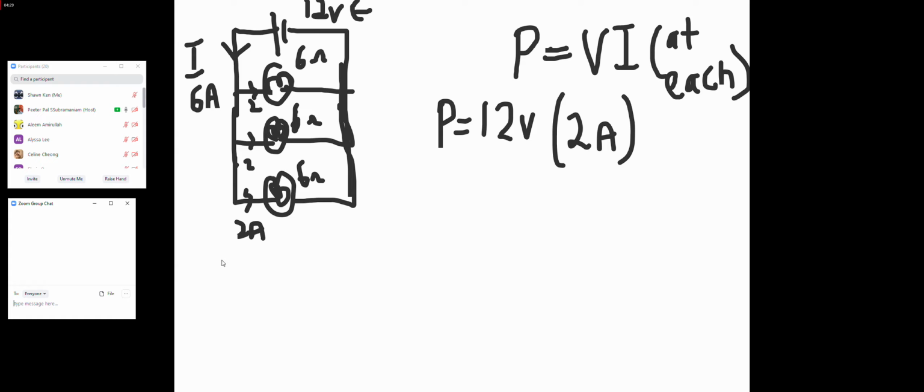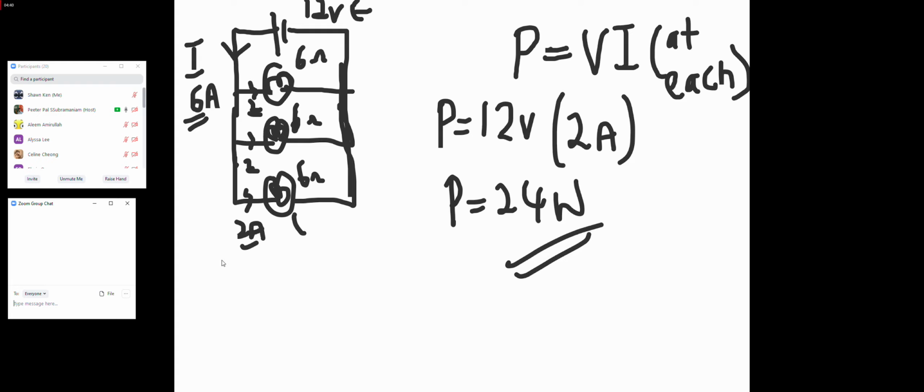If you see the circuit, the main current was 6 ampere, split 2, 2, and 2. So the power at each bulb is 24 watts. Each bulb is lighted at a power of 24 watts.